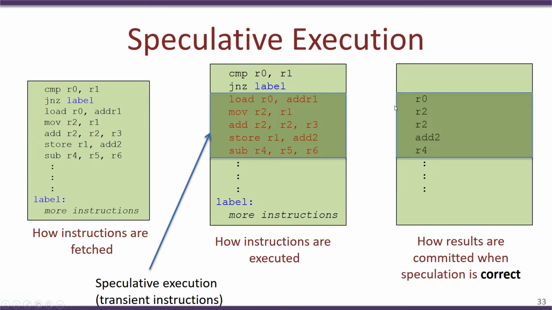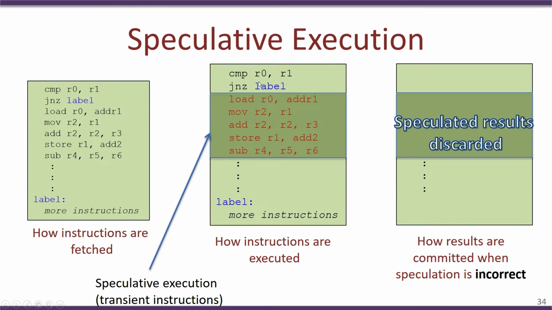On the other hand, when the speculation is wrong, as in this case R0 not equal to R1, then all the speculated instructions' results should be discarded, and there would be a performance overhead. All modern processors try to speculate correctly in order to maximize their performance.